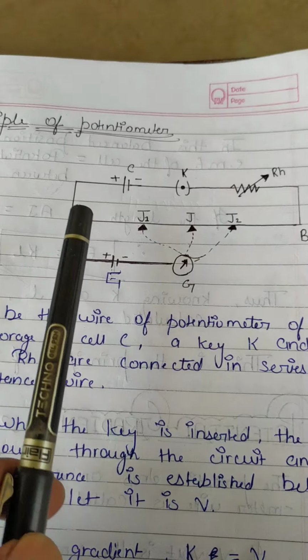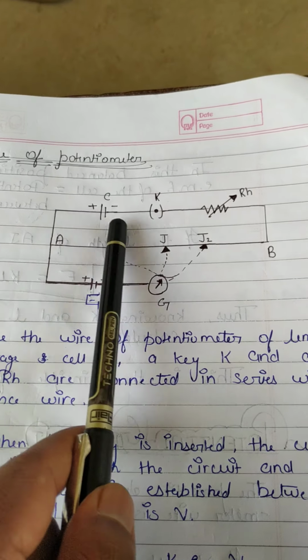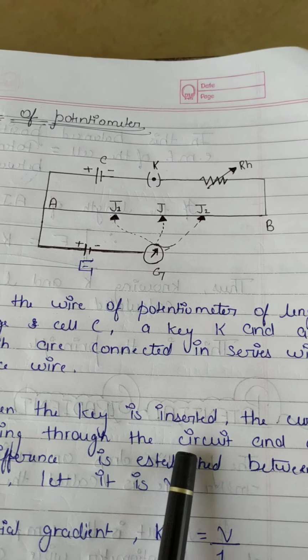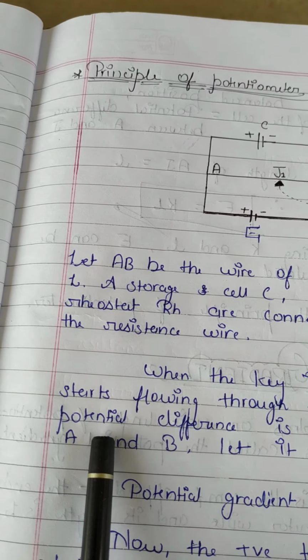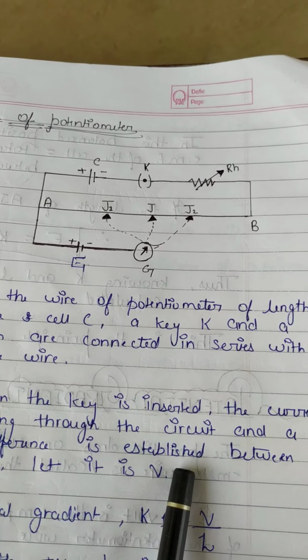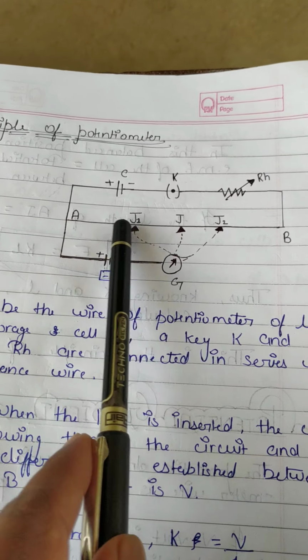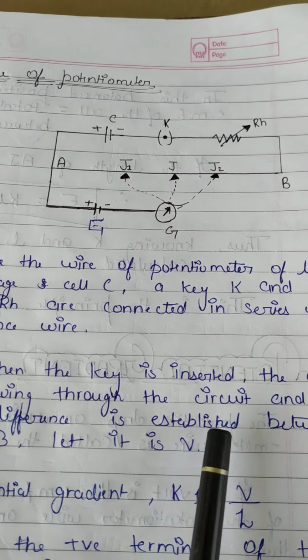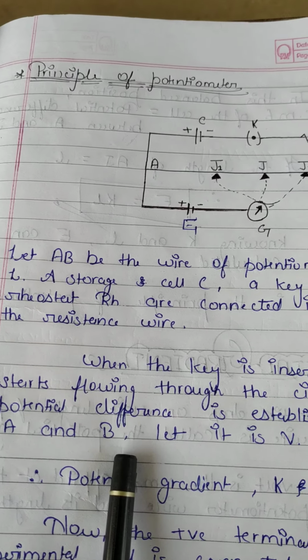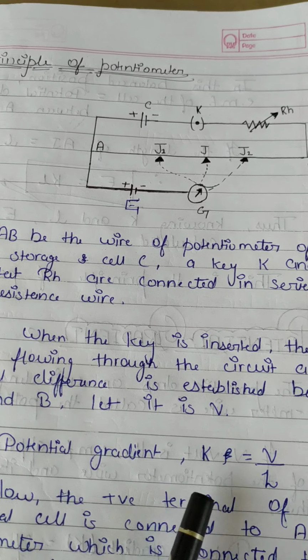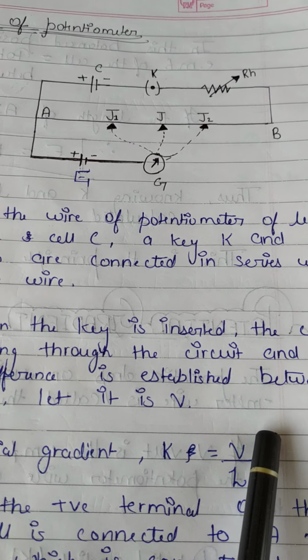When the key K is pressed, the electric current starts flowing through the circuit and a potential difference is established between points A and B. Let it be V. Then the potential gradient K equals V upon L.